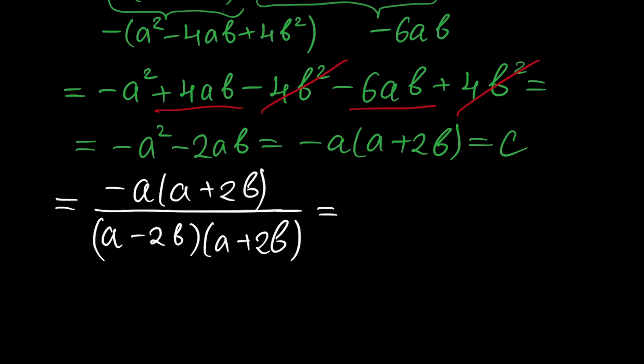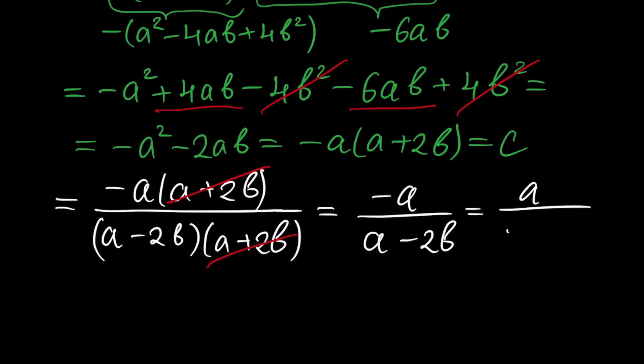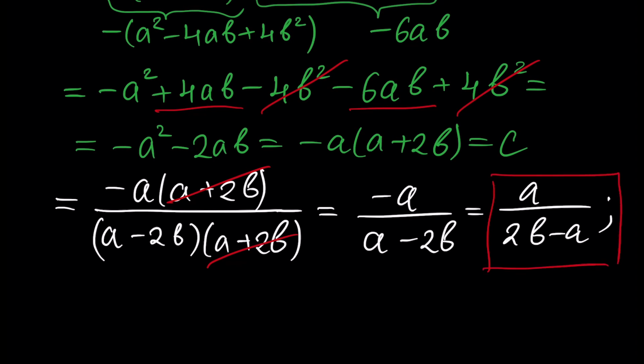We see that we can perform a cancellation, and the resulting answer of our problem will be minus a divided by a minus 2b, or it can be written as a divided by 2b minus a. And that's all. This is the final answer of our problem.